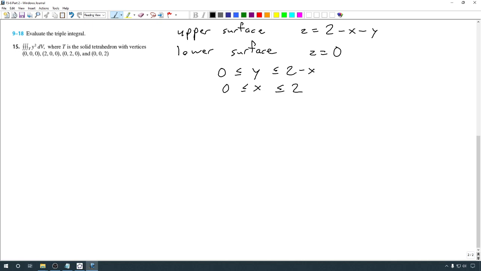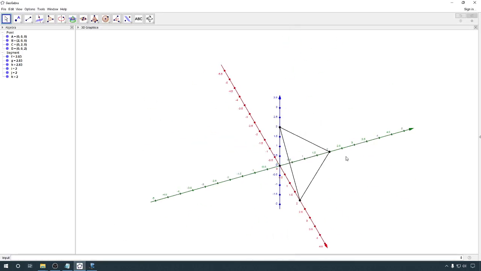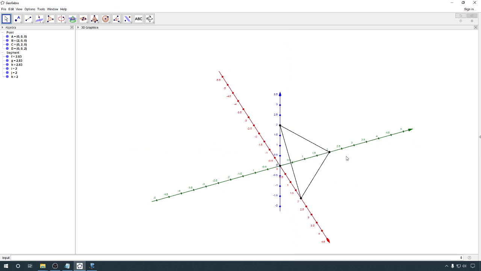Now that's just one way of setting this up. We could instead look at this as a type 2, in which case we'd say our upper surface is, what is the furthest one away from the YZ plane?